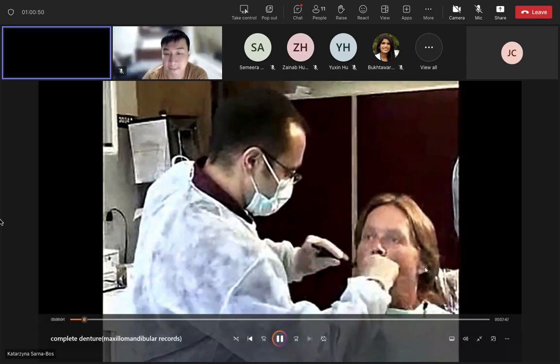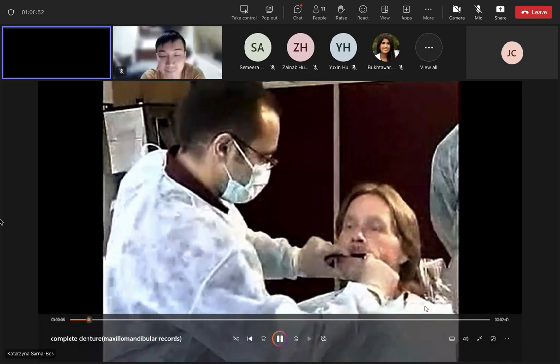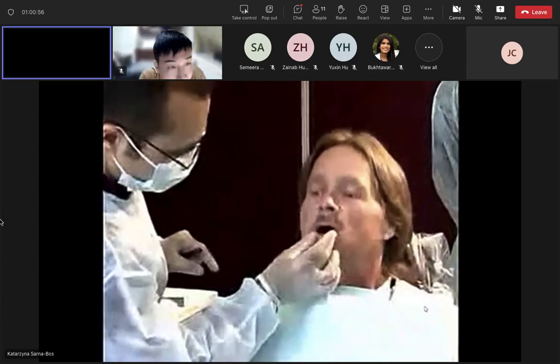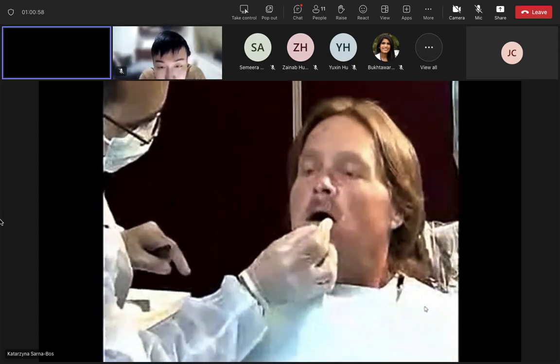Place the mandibular record base in the patient's mouth and evaluate the position of the occlusal plane and do all necessary adjustments for the mandibular wax rim.